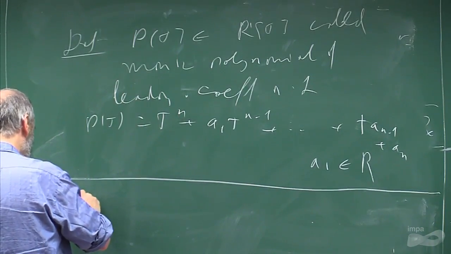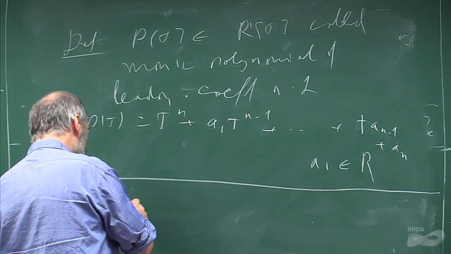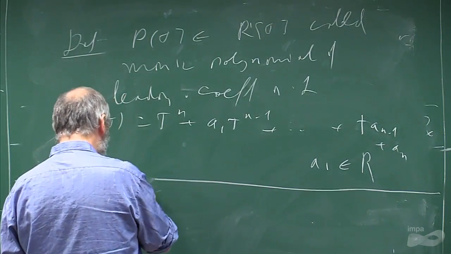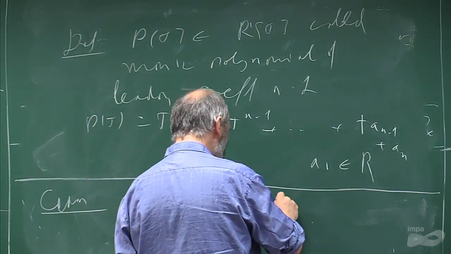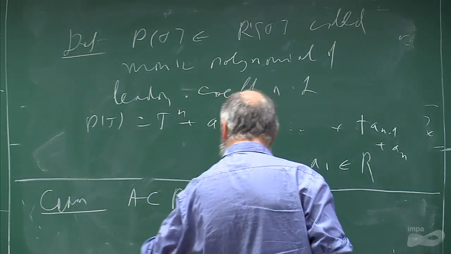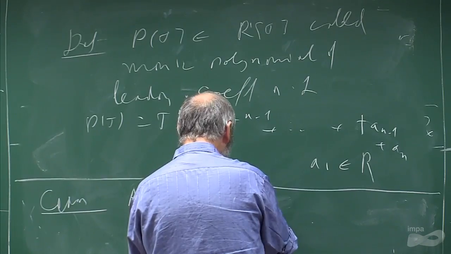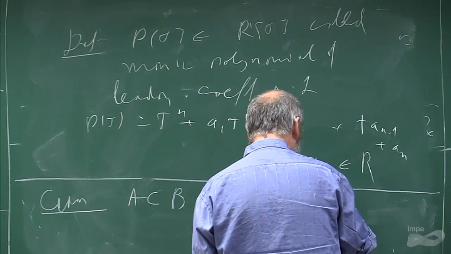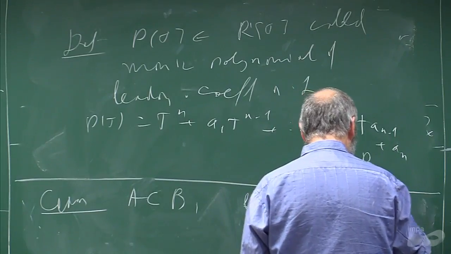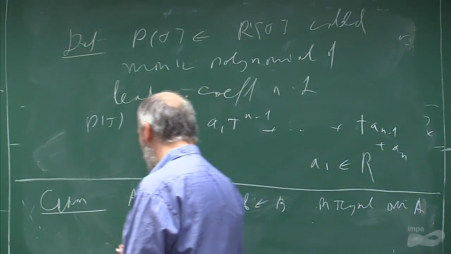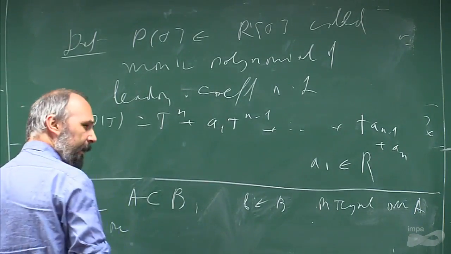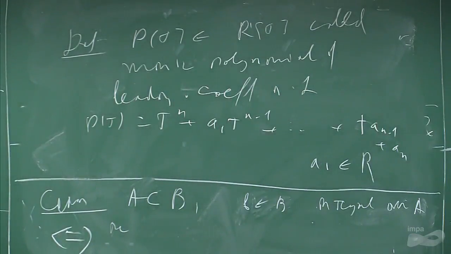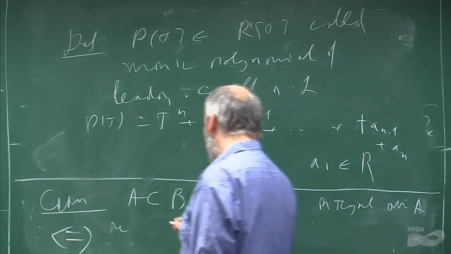But this claim you can prove for any. So claim. Suppose you have A inside B as before, and A Noetherian. Well, not necessary. Then b in B is integral over A if and only if the chain of submodules terminates.